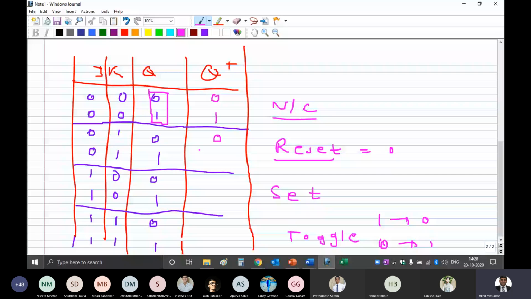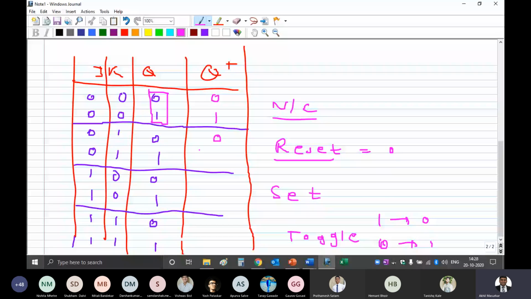If the previous state is 0, this will become 1, and if this is 1, this will become 0. So now we will use this basic definition of the JK flip-flop to determine the next state of the JK flip-flop. And that is exactly what I am going to do in this case.